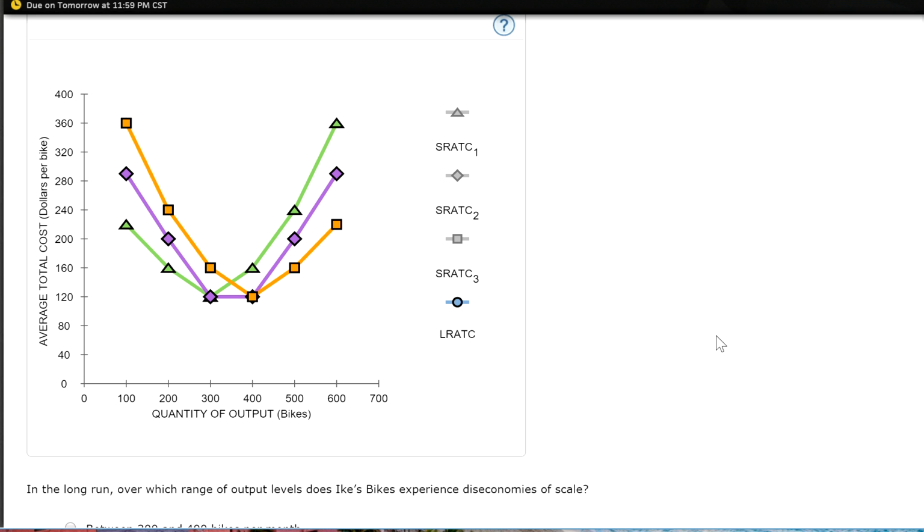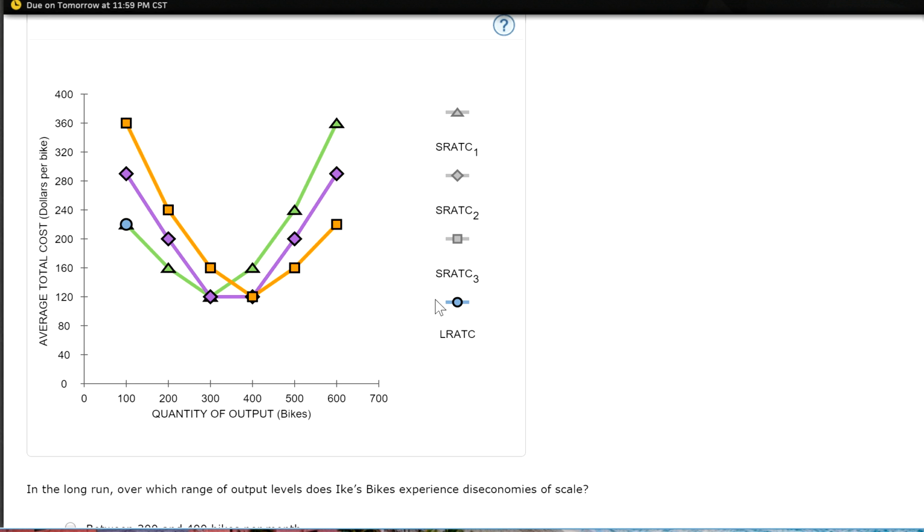Now for the long run average total cost, we're looking for the lowest point among 3 different levels. So for the first quantity at 100, the lowest point will be where the green line is. So that's our first point for the long run average total cost. That means if in the long run they decide to produce only 100 bikes, they should go with 1 factory because it's the lowest cost of production.